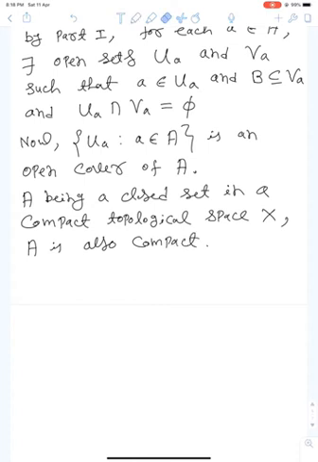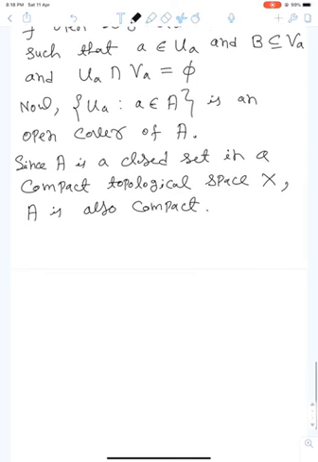So we can just write, since A is a closed set in a compact topological space X, A is also compact.